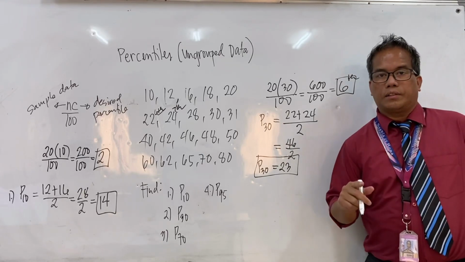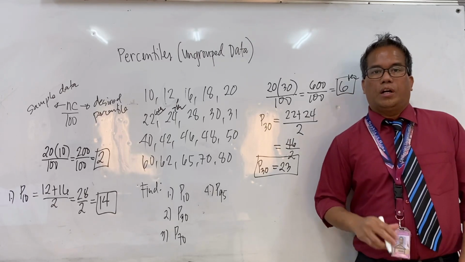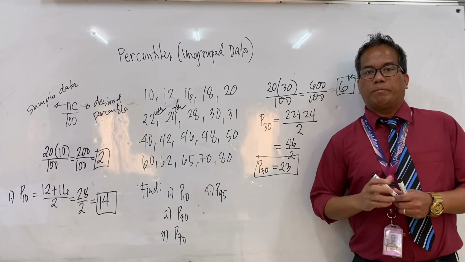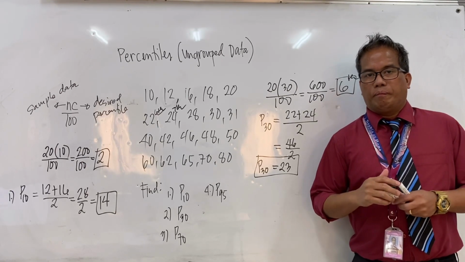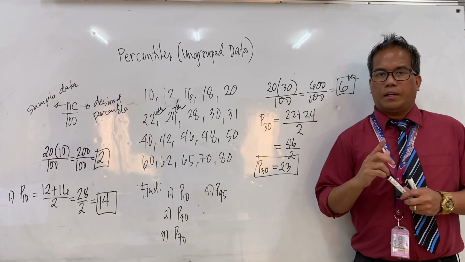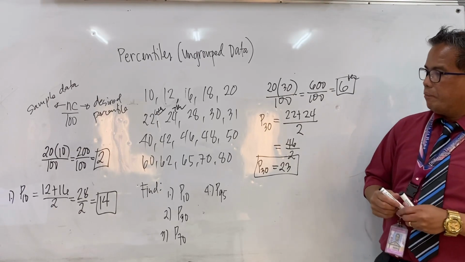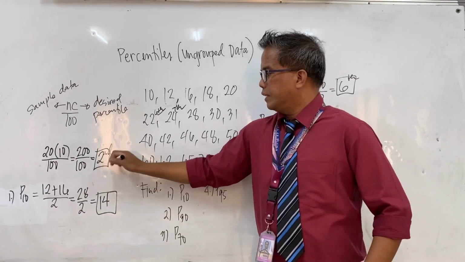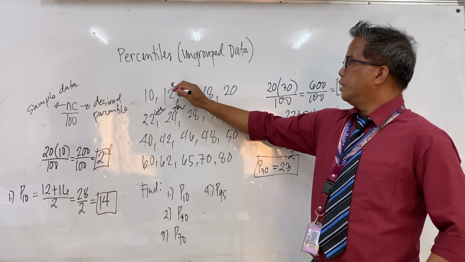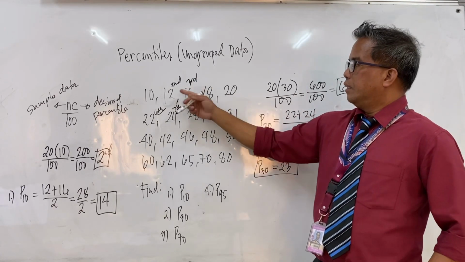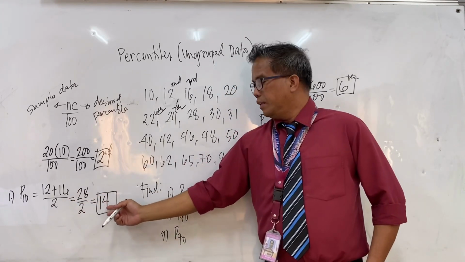Take note, class, if the location is an integer, always add 0.5, then the value of the percentile will be in between the two elements. For example, in number 1, we got 2, an integer, so it lies between the second and the third elements. We added 12 plus 16 divided by 2, so we got 14.